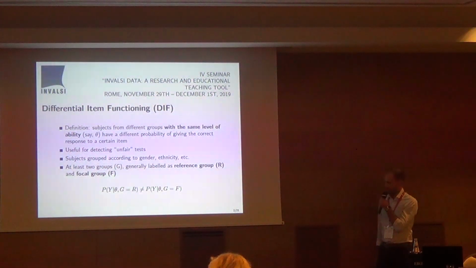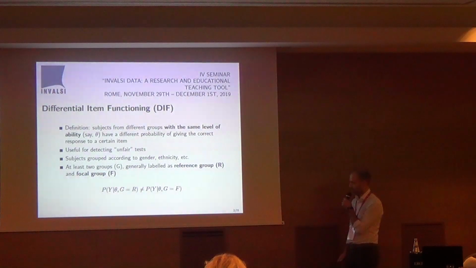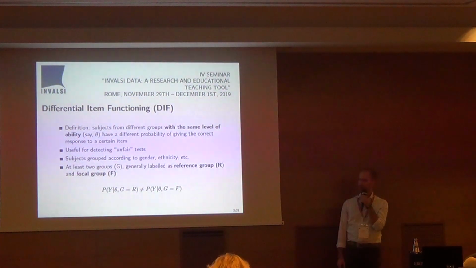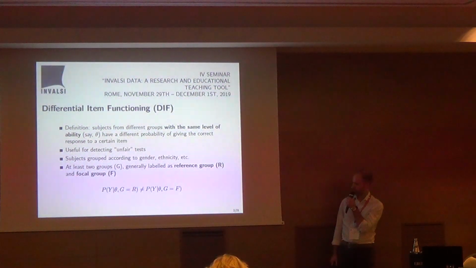And this is the definition using a formula: the conditional probability of response given the same ability level, denoted by theta, is different when the group is the reference group with respect to the focal group.